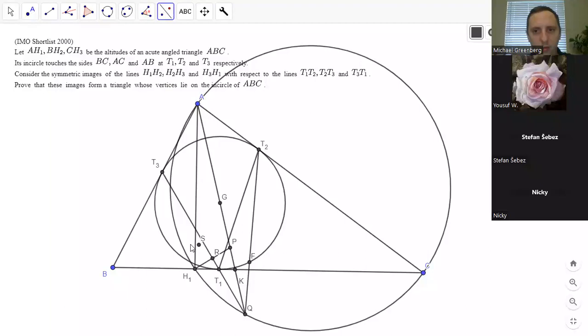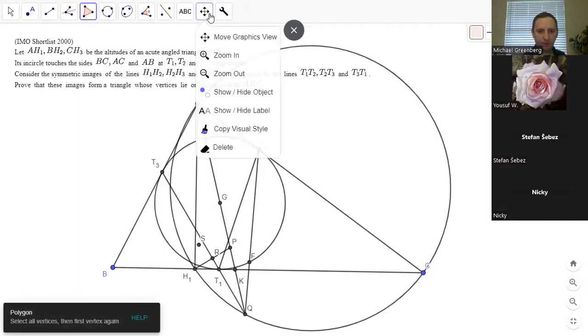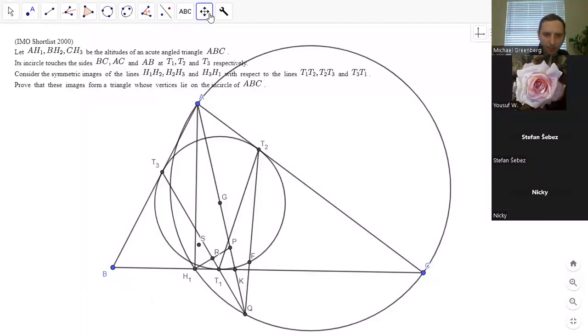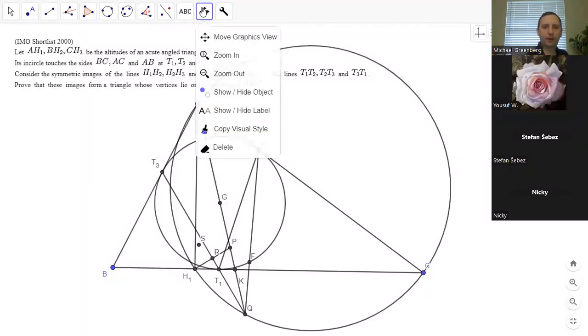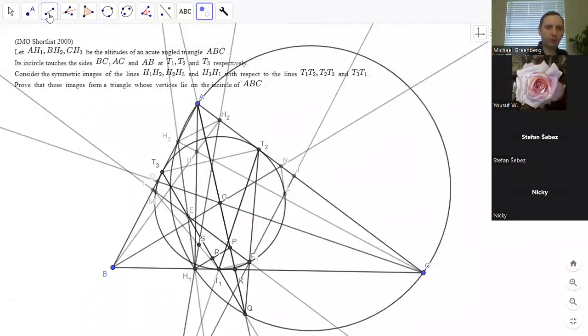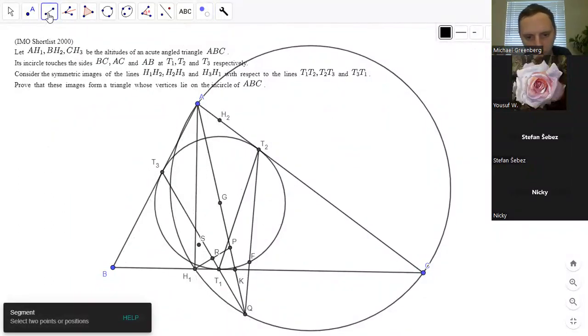Wait, or H1, H3. I wonder if it has to be this hard. Anyways, we want to show S lies on H1, H2.